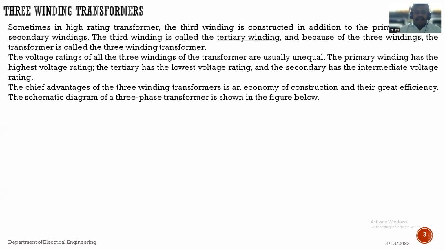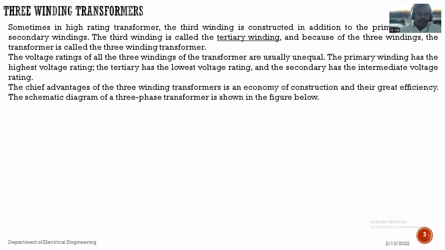This winding is called the tertiary winding. All of you keep in mind, the third winding or the tertiary are the same thing, we can call it a third winding also, or a tertiary winding. And because of this tertiary winding, the transformer is called a three winding transformer.